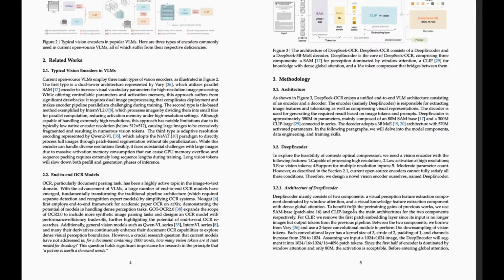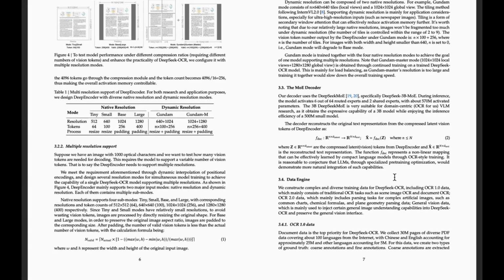So let me move to the next page over here. Yeah, so this one. If we look at this particular image now, which is table one, there is one more thing that we need to understand: they have designed this to work at multiple resolutions.